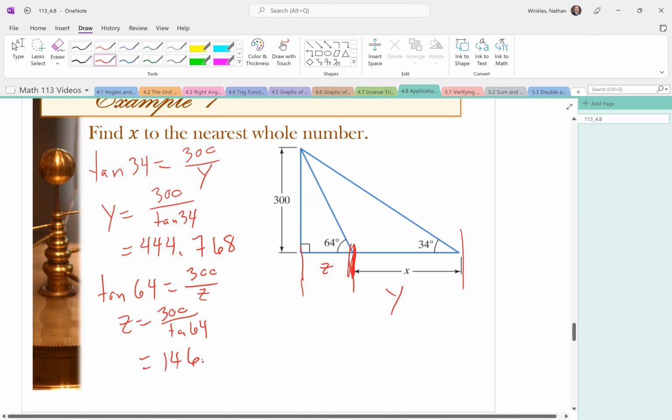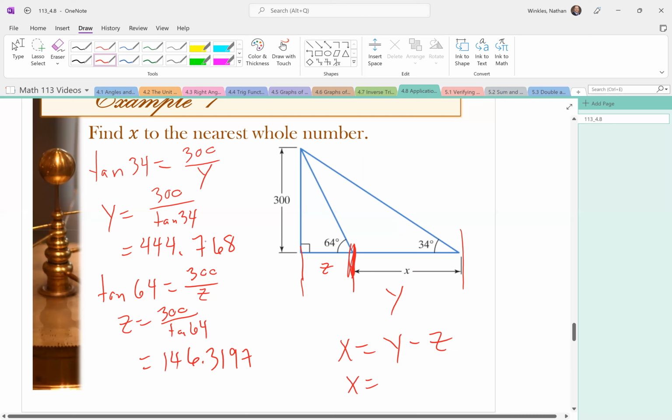That's 146.3197. So then x is equal to y minus z.